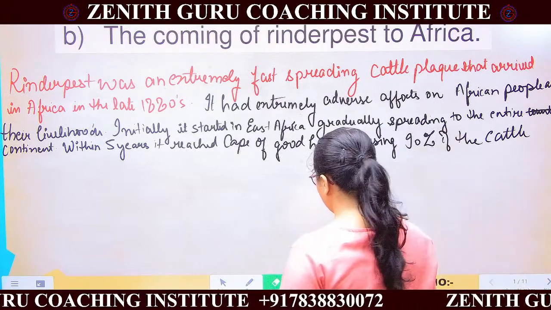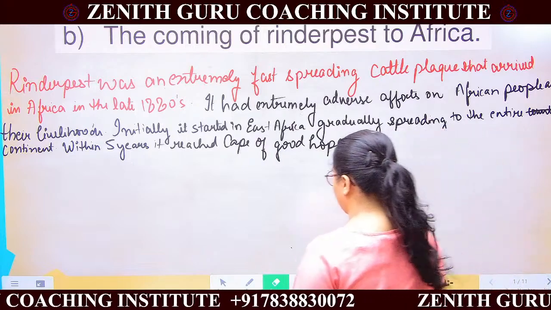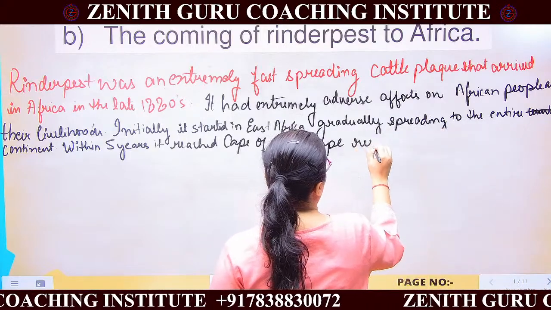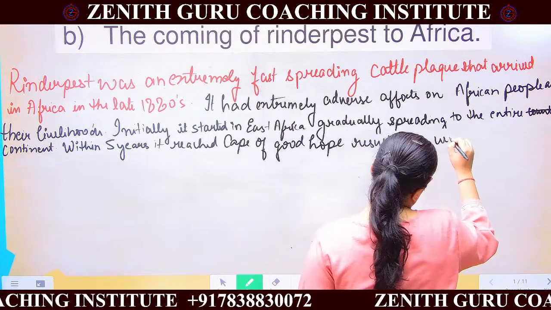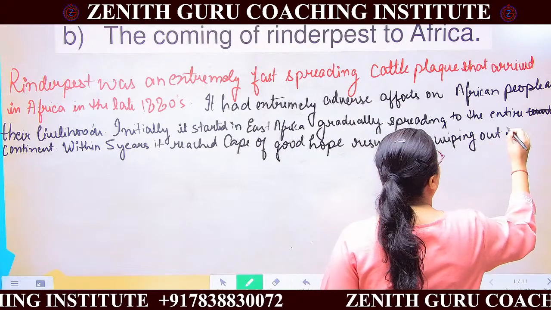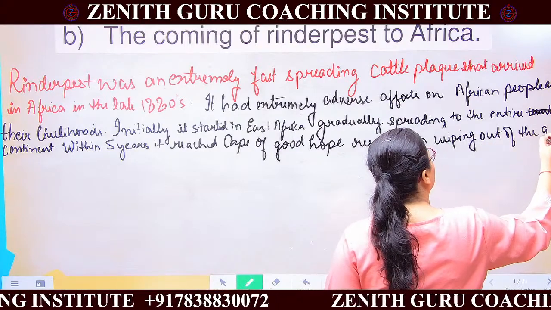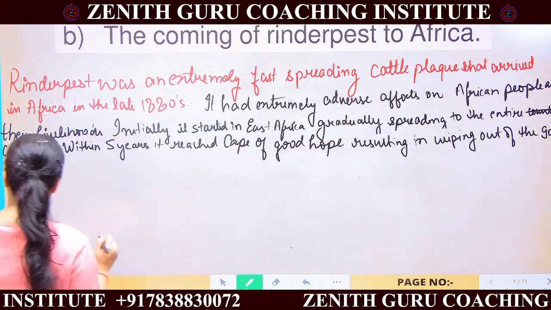Or we can write it in a better manner. We can write resulting in wiping out of the 90% of cattle population of Africa.